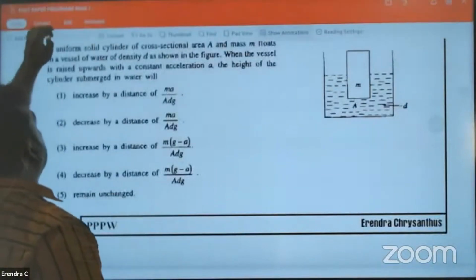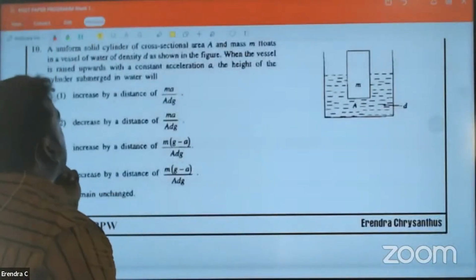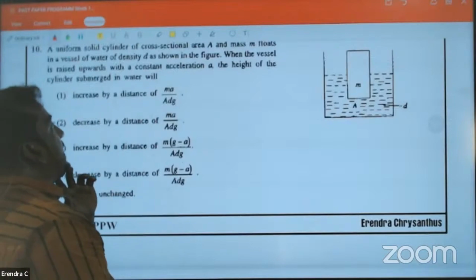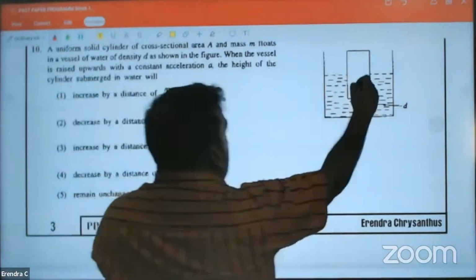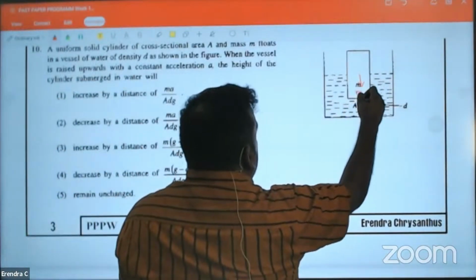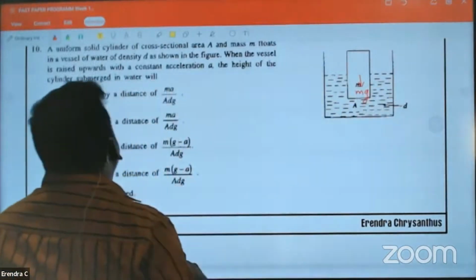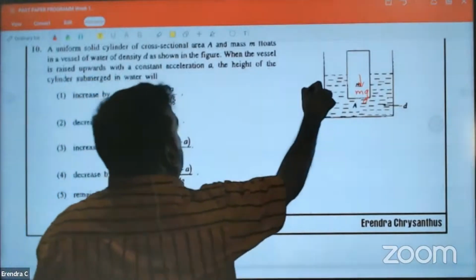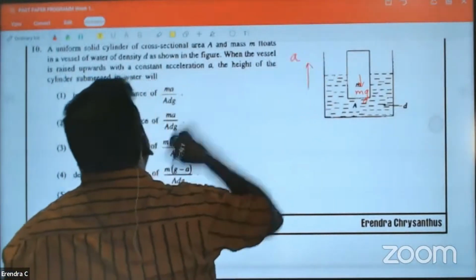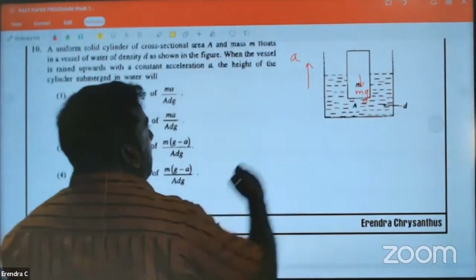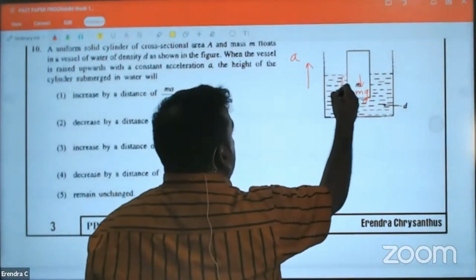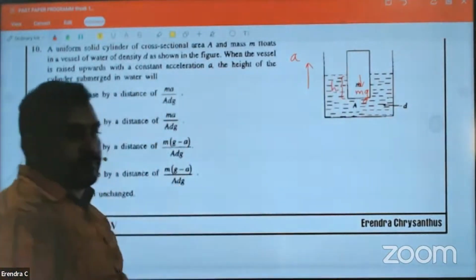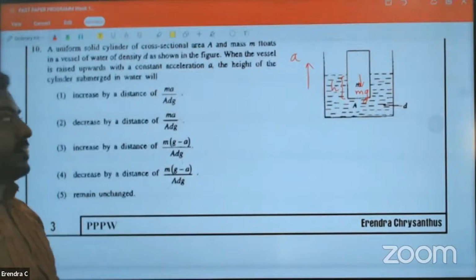A uniform solid cylinder of cross-sectional area A and mass M. Let's mark the forces. Mg is there. When the vessel is raised up with constant acceleration, the height of the submerged section is h. What will happen to the submerged section?